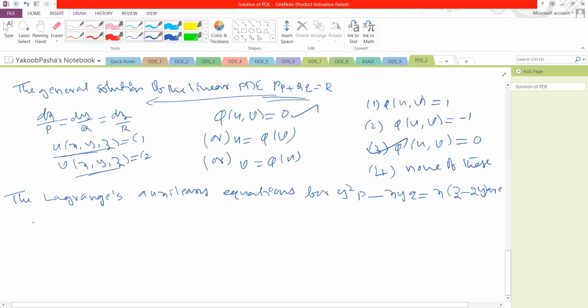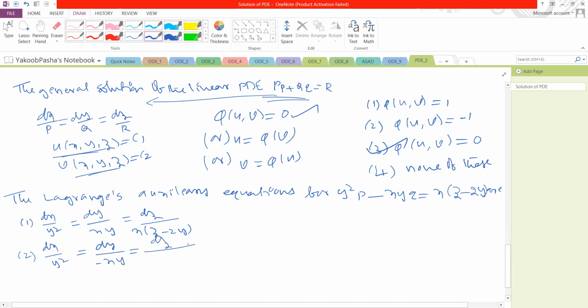I am writing here. First option: dx by y square is equal to dy by xy is equal to dz by x into z minus 2y. Second option: dx by y square is equal to dy by minus xy is equal to dz by x into z minus 2y.